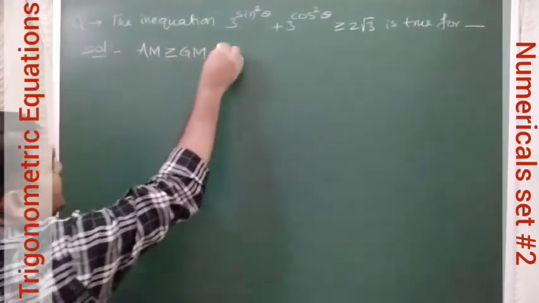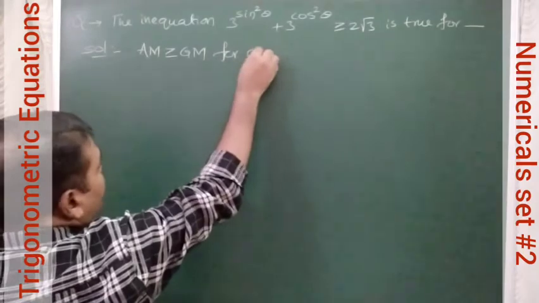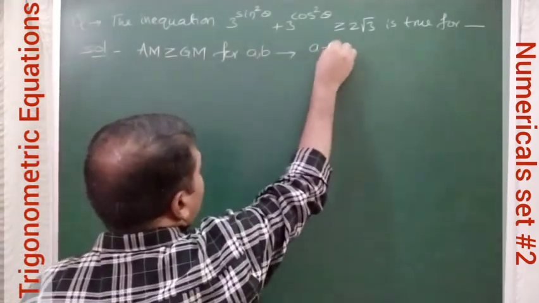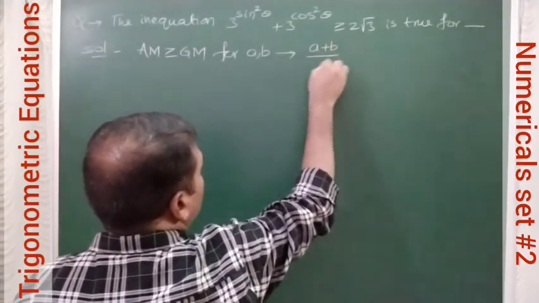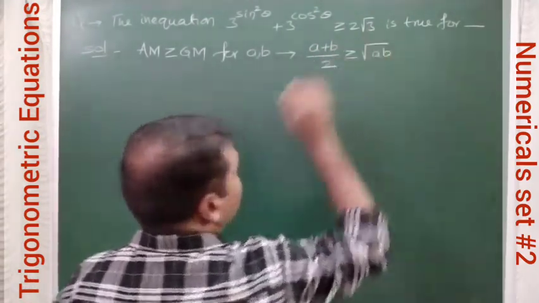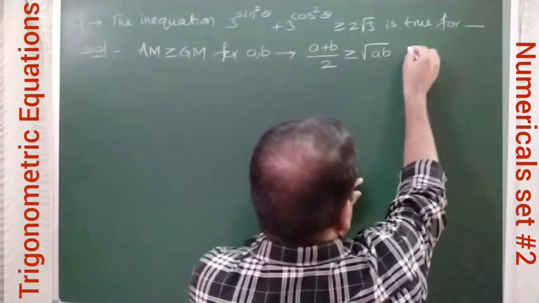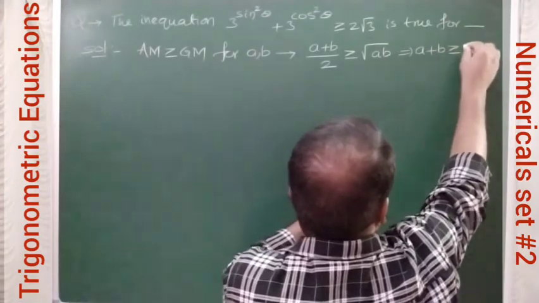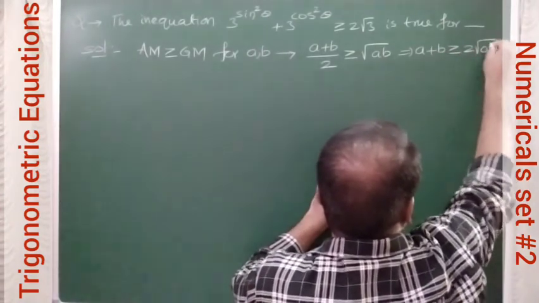So AM greater than or equal to GM for a comma b, what is the condition? AM is a plus b by 2, greater than or equal to GM, which is root ab. So we can also write this as a plus b is greater than or equal to 2 root ab.